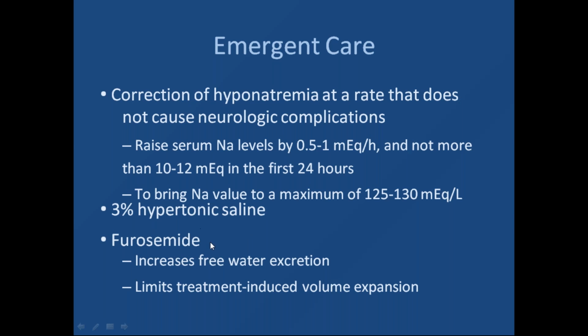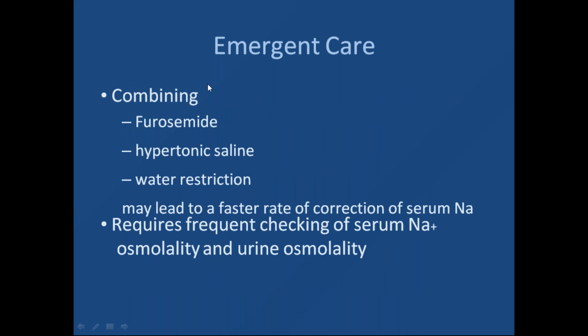Another treatment we use is furosemide, because it increases free water excretion and limits treatment-induced volume expansion. If we have to supplement NS from outside, furosemide makes the water go away from the body. So water restriction is the main treatment. Next is hypertonic saline.